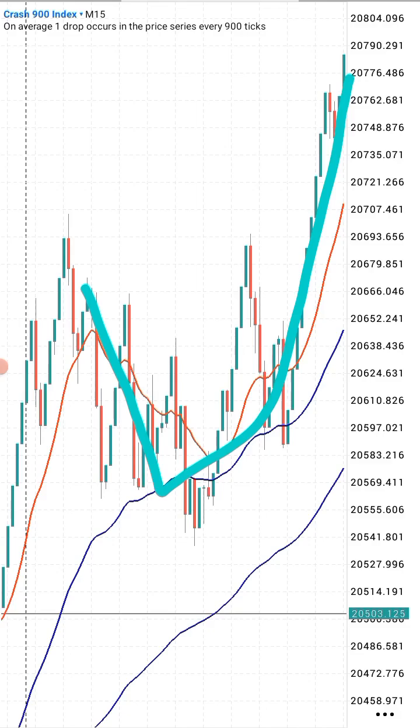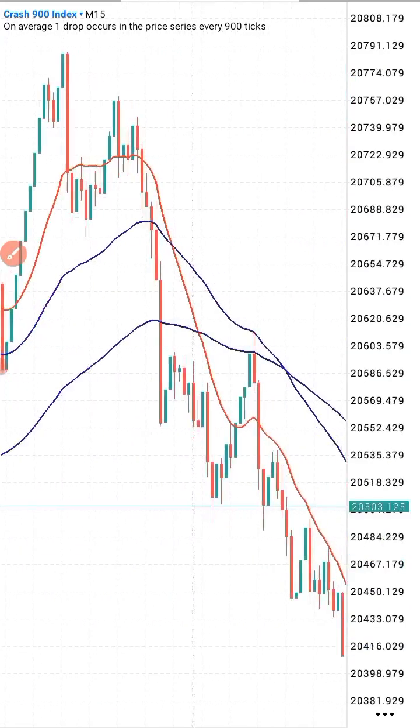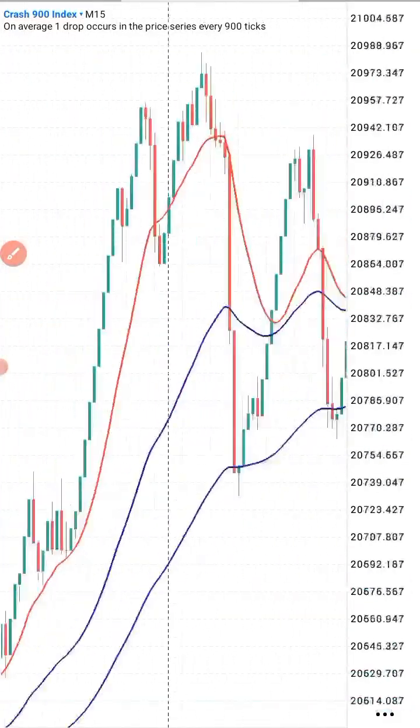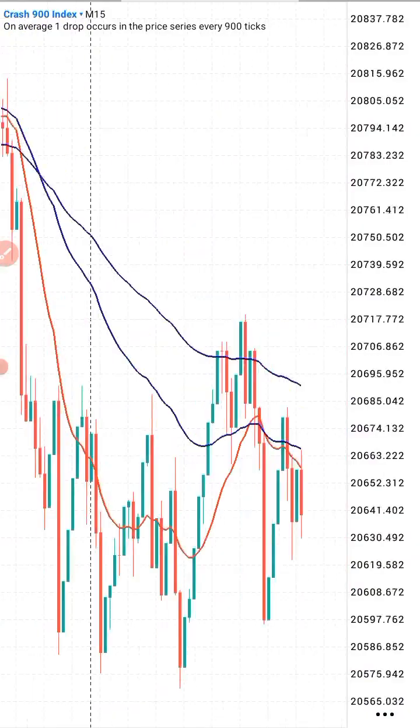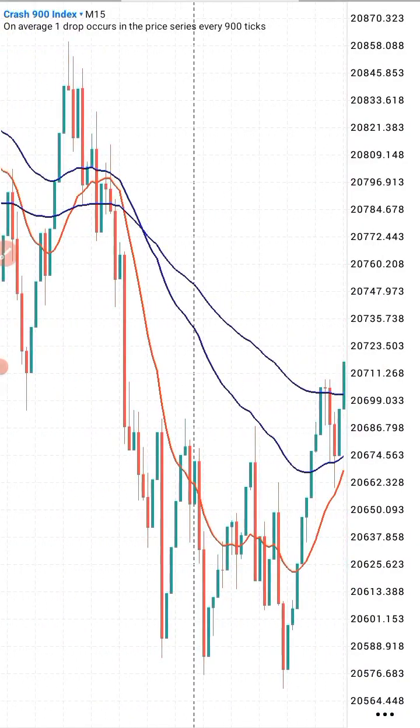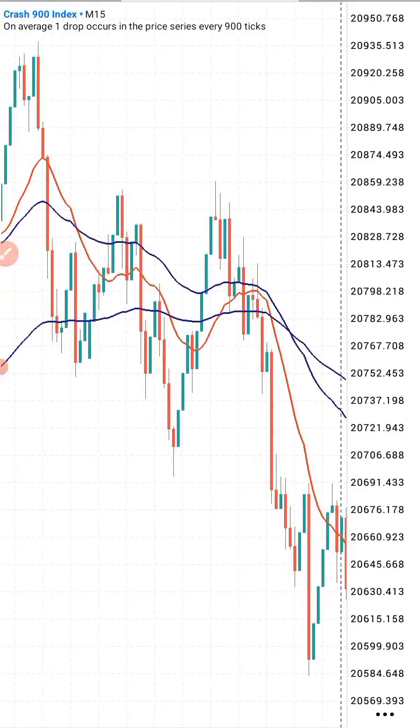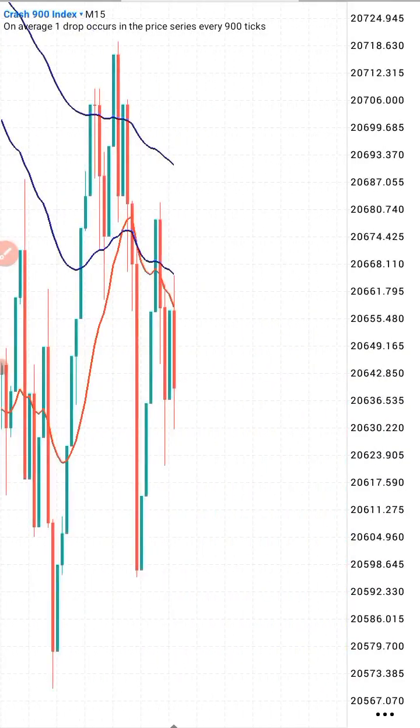Let's not always use a static moving average. For example, if the market is not volatile, like now, let's look at this particular trade. The market is not volatile. You will not see long candlesticks. When it's volatile, you see long candlesticks. Now it's not volatile.